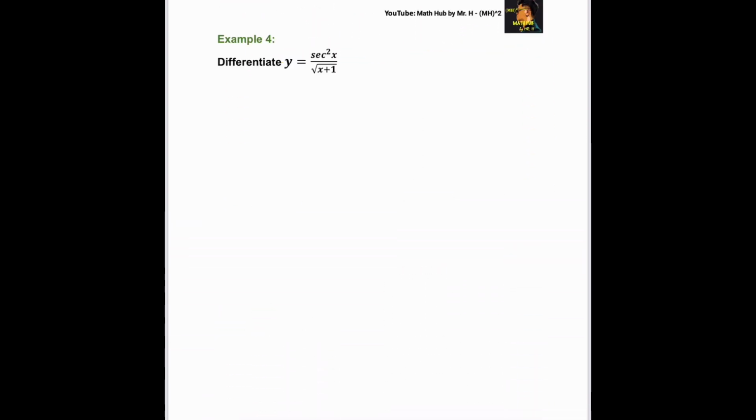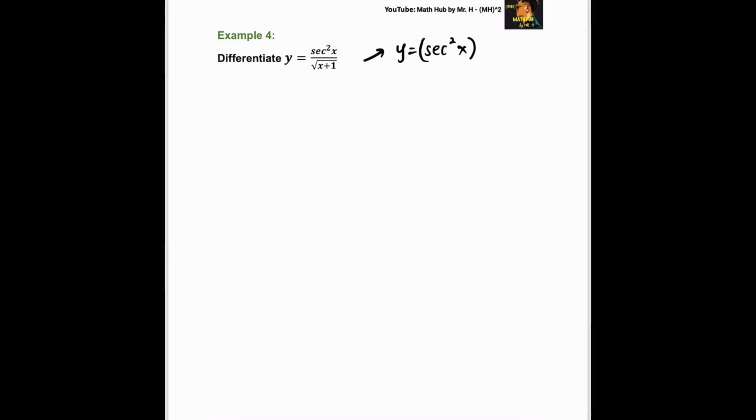All right, so example number 4, differentiate y equals secant squared x divided by square root of x plus 1. You need to rewrite the function if you're going for the product rule, right? So if you're rewriting this as y equals secant squared x and putting up the denominator square root of x plus 1, so it's going to be x plus 1 to the power of -1/2.